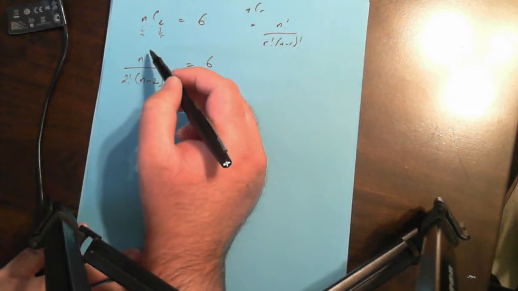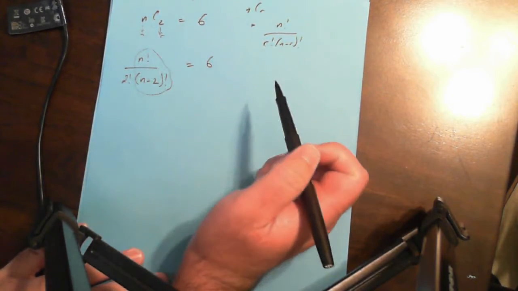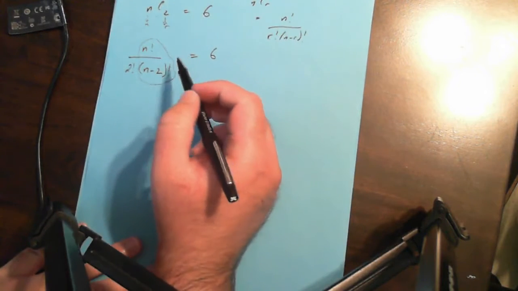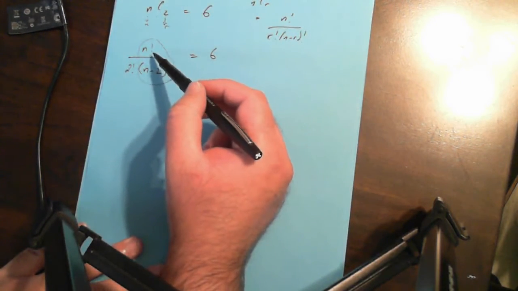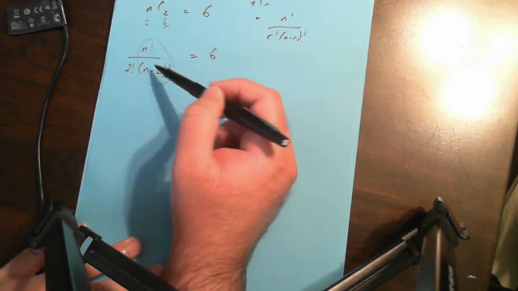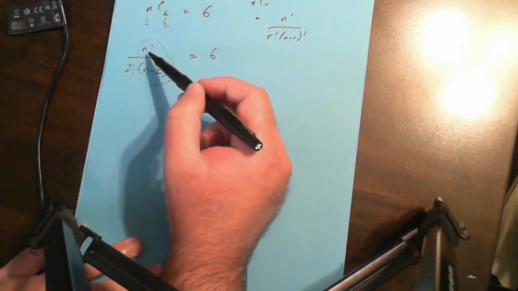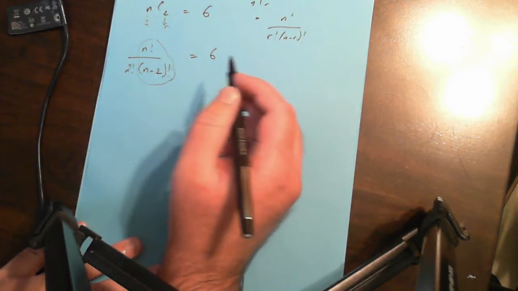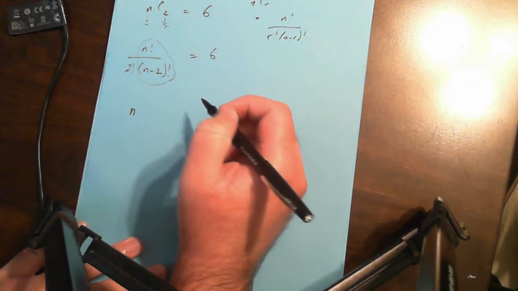Now, from the previous unit, you'll remember dealing with factorial expressions that look like this. To handle that, you take the bigger number and expand it until you reach the smaller number. In this case, we've got n and n minus 2. N is the bigger number, so I expand that. So n factorial starts out with n.